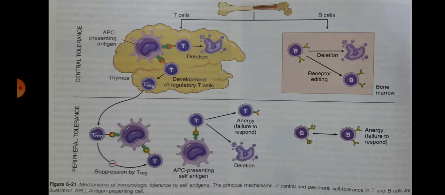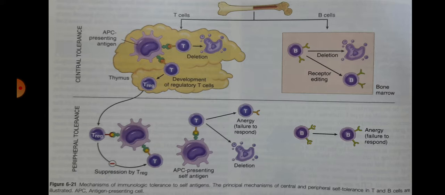First, recognition of peptide antigen in association with self-MHC molecules on the surface of antigen presenting cells, and a set of co-stimulatory signals called second signals from the antigen presenting cells.